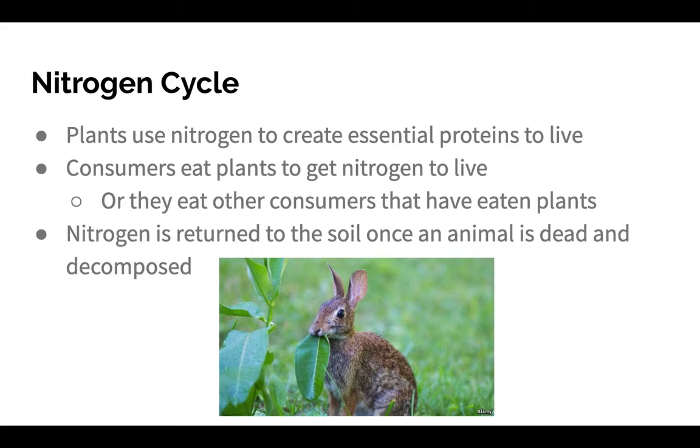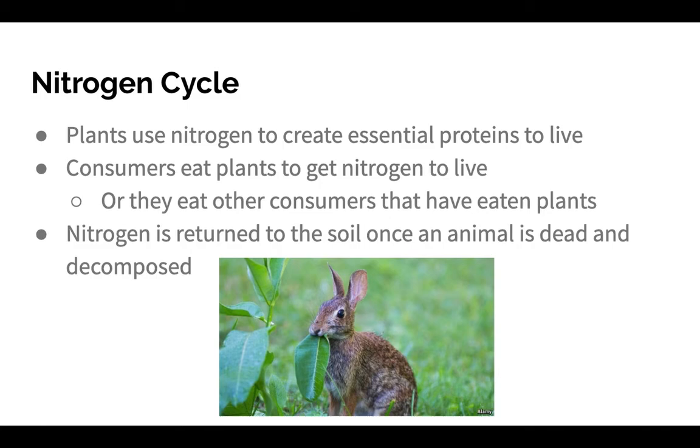So the plants use the nitrogen after it's been fixed or changed by the bacteria. Plants use that nitrogen to create proteins for them to live, and then consumers eat those plants and use the nitrogen that exists within its cells. Or if you're a secondary consumer, you will eat other consumers that have eaten the plants.